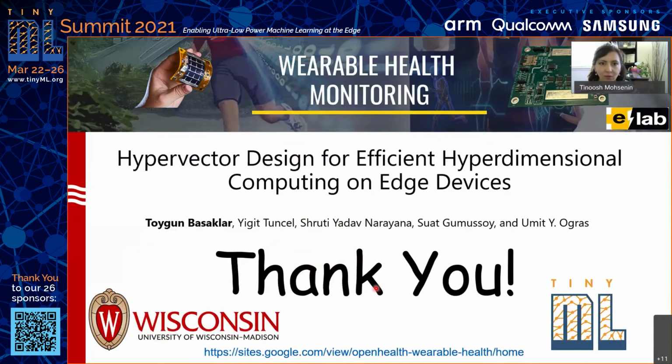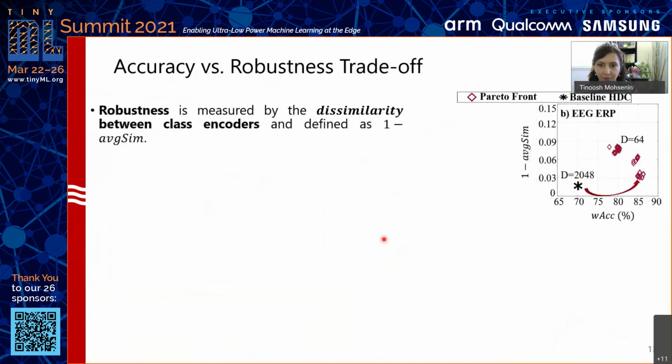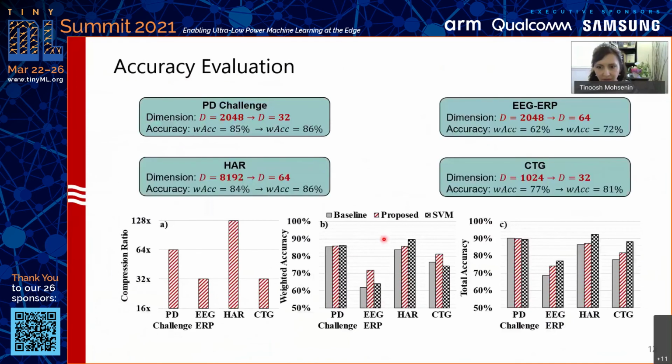So while waiting for questions, I have one quick question for your slide. I guess it was slide 12, where you were comparing the applications' accuracy. Oh, yes. So for the SVM, you mean support vector machine, right? Right.